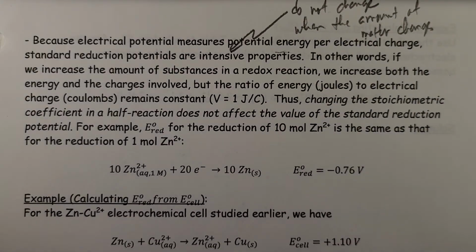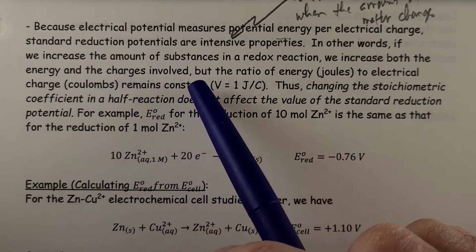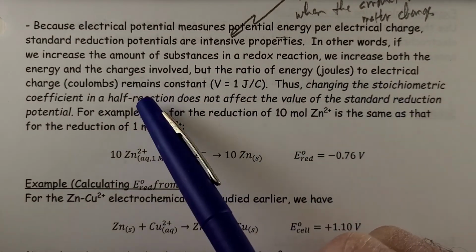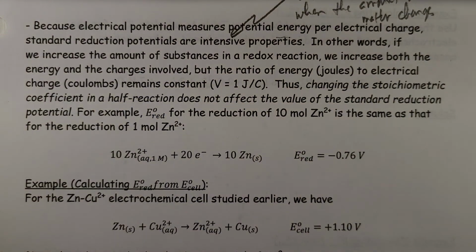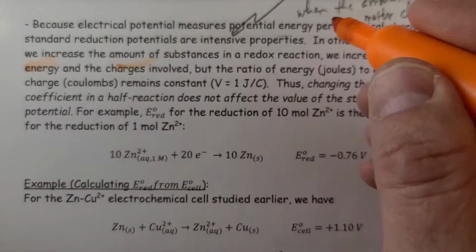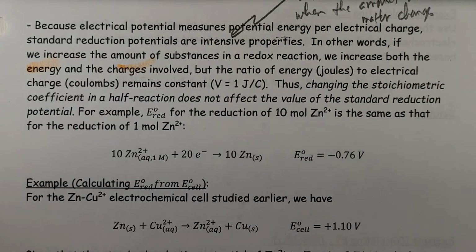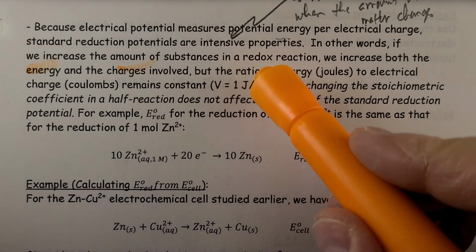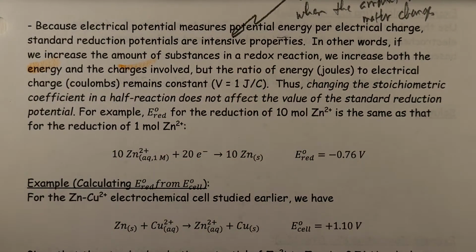In other words, if we increase the amount of substance in the redox reaction, we increase both the energy and the charges involved. Since we're increasing both, we're not changing anything, because it's always an energy per charge calculation, right?